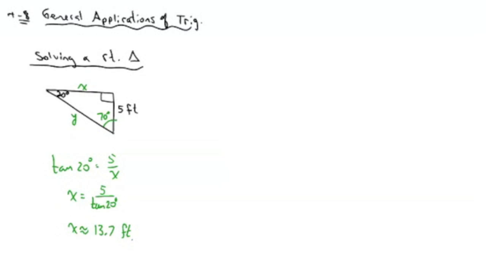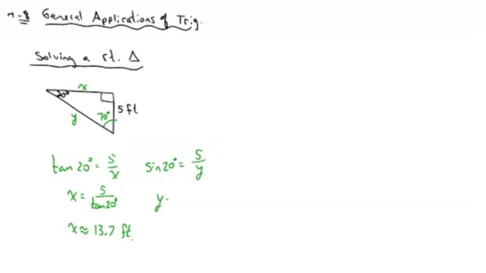Using the same thing. The beginning angle is 20, this side is 5, and now we're trying to find y. You could use the Pythagorean theorem, except for one problem: this thing is already rounded, approximated. So it's best to go back and say that's going to be sine of 20 degrees. Opposite is 5, hypotenuse is y, and solve for y.